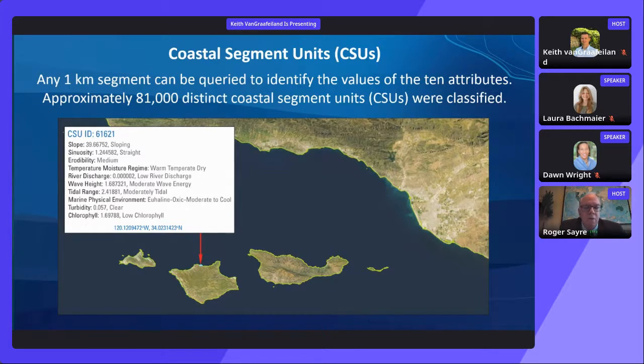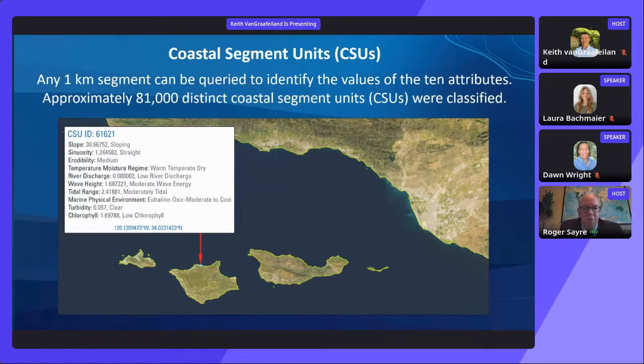This particular 1 kilometer segment from one of the Channel Islands off the coast of Southern California is classified as follows, if you can see this: sloping, straight, medium erodibility, warm temperate dry climate, low river discharge, moderate wave energy, moderately tidal, euhaline, oxic, and moderate to cool waters, clear, and low chlorophyll.